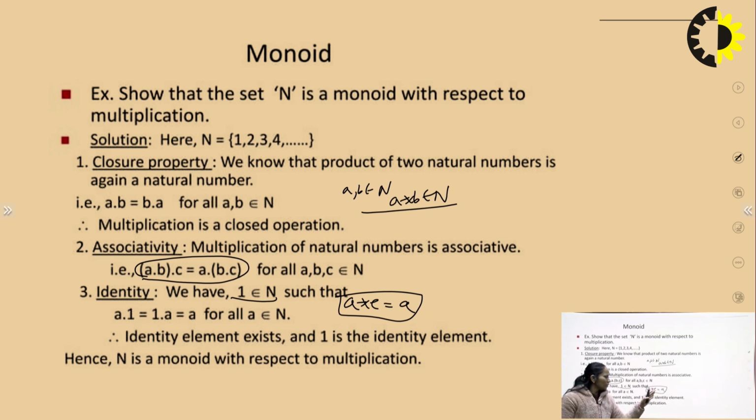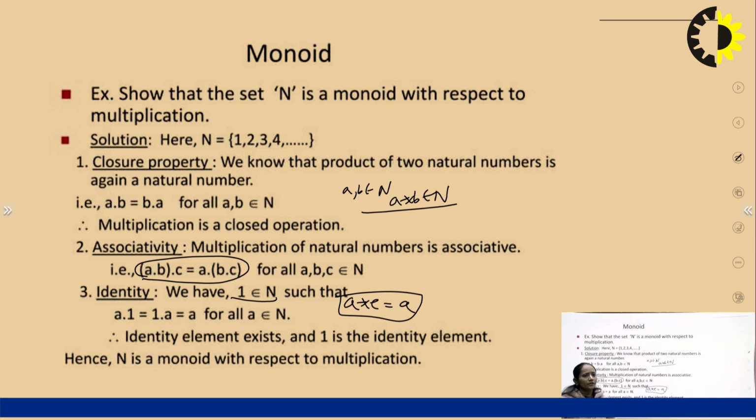If e is equal to 1, then a into 1 is equal to a. Here 1 is the identity. Therefore, the identity also exists. Because of these three properties, closure, associativity and identity, this is called a monoid. The identity element exists and 1 is the identity element. So we can say that N is a monoid with respect to the multiplication operation.